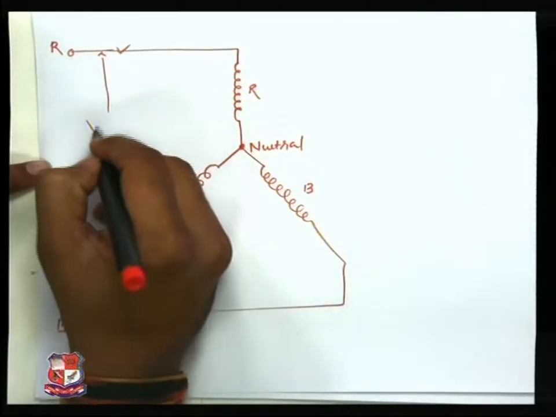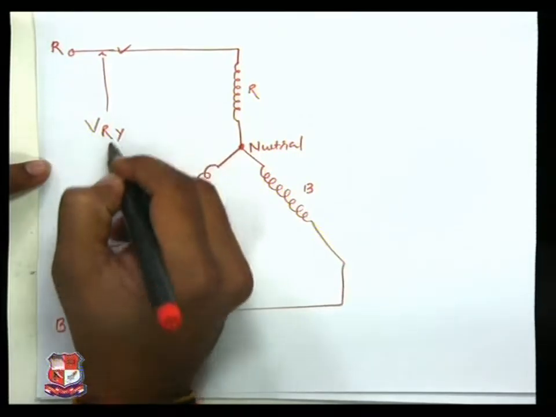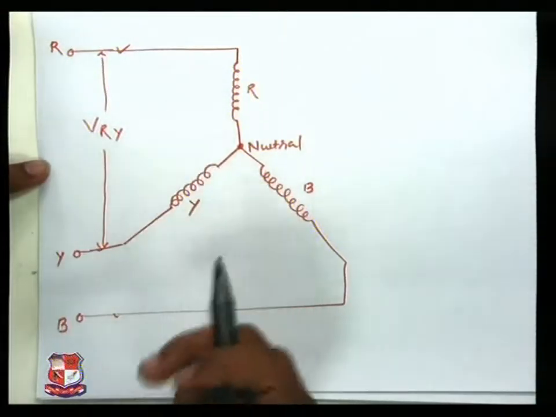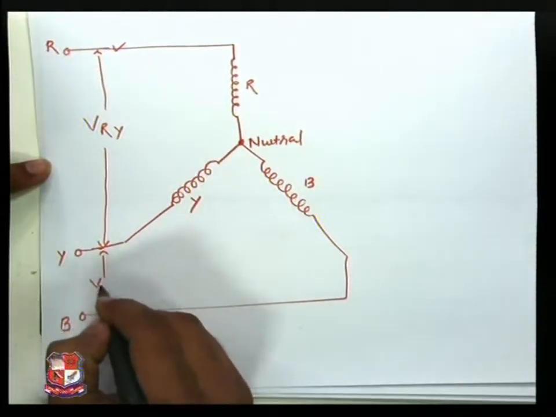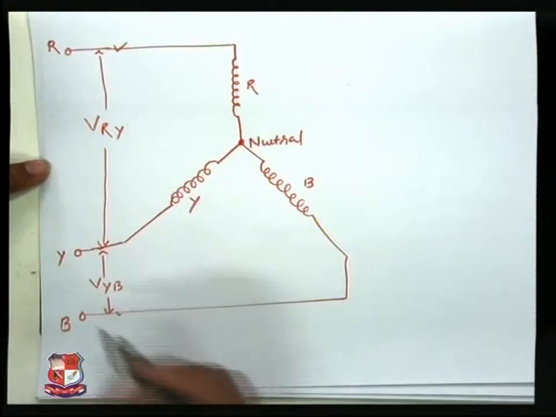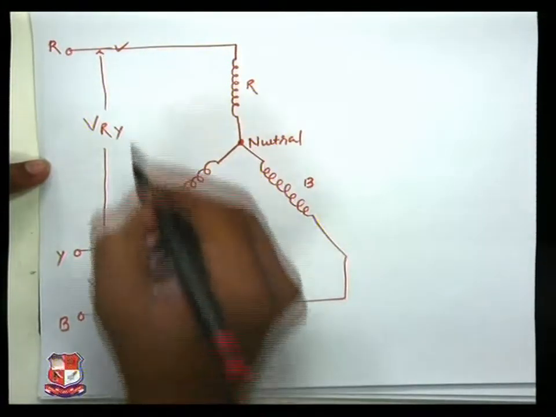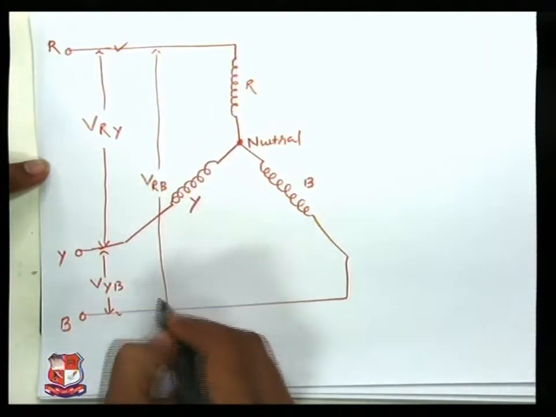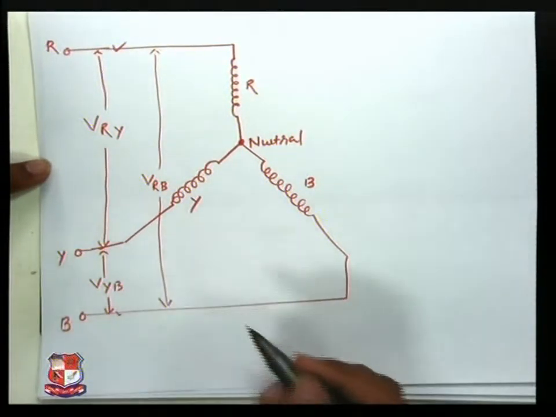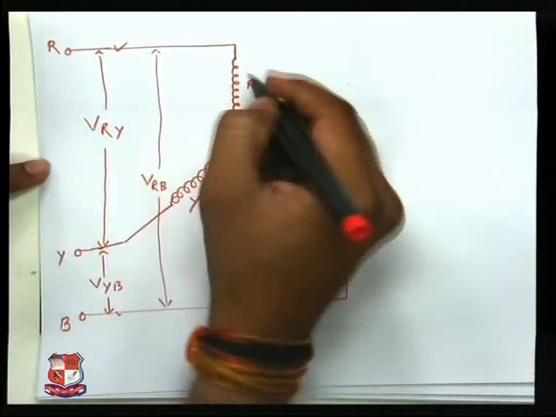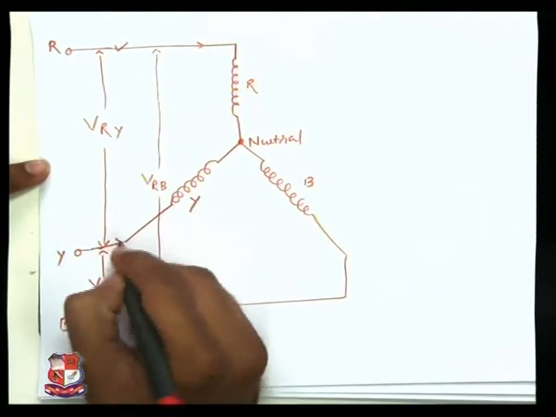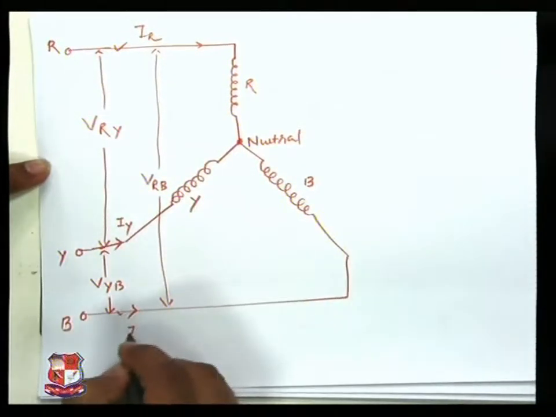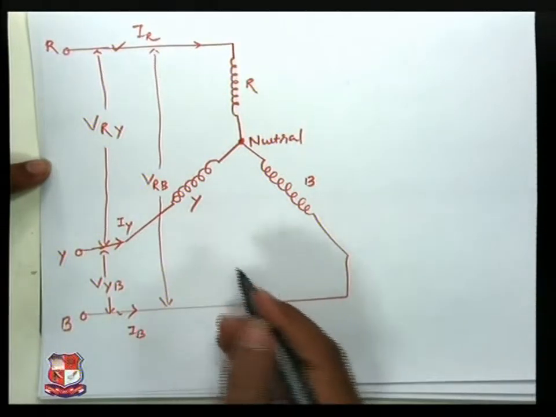The voltage between the R and Y lines, VRY, is known as the line voltage between R and Y. VYB is between the lines Y and B, and VRB is the line voltage between R and B. So these are the line voltages, and the currents flowing in those lines, IR, IY and IB, are known as the line currents.